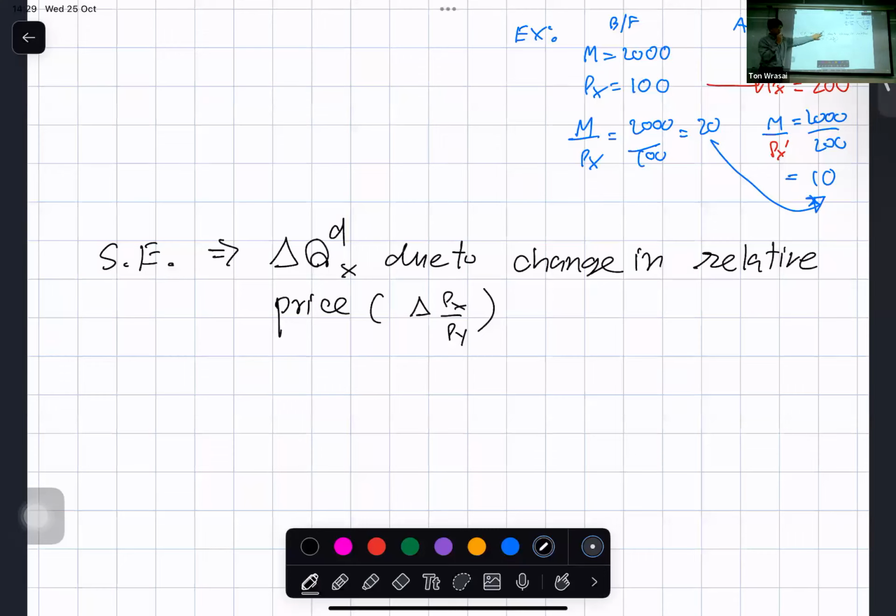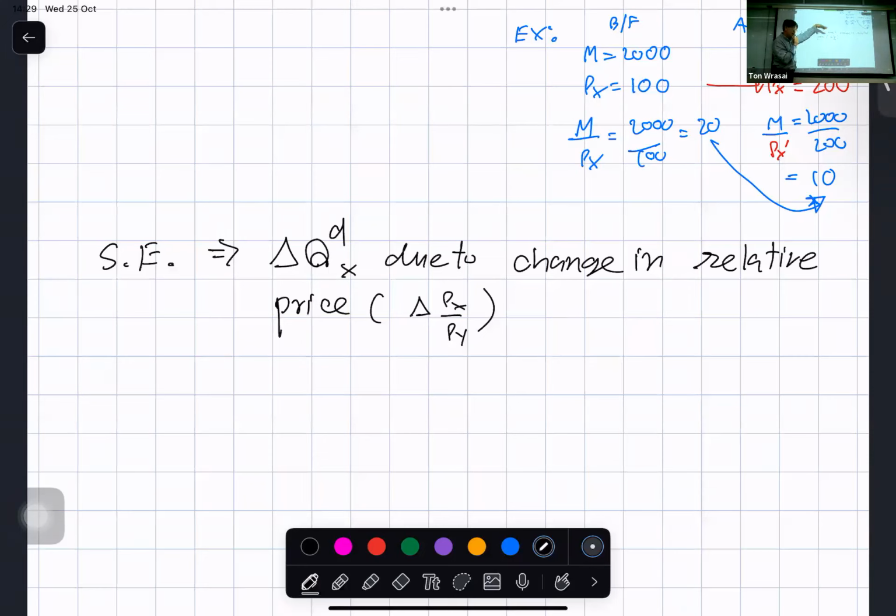Change in quantity demanded for pizza, good X. Why change? Because relative price changes. What is relative price? The ratio of price of pizza and price of Pepsi changes.